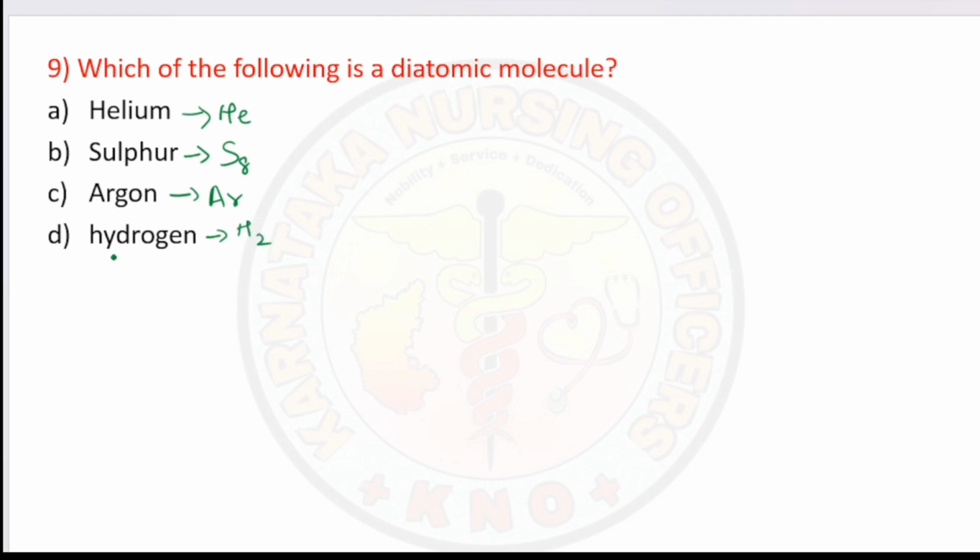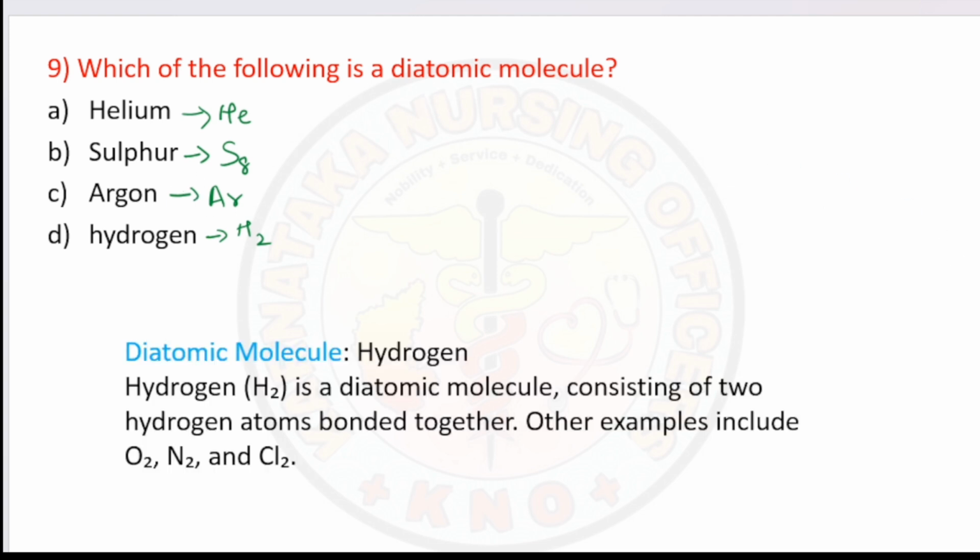Hence, hydrogen is the correct answer for this question. A diatomic molecule, hydrogen consists of 2 hydrogen atoms bonded together. Other examples include oxygen, nitrogen and chlorine, that is Cl2.